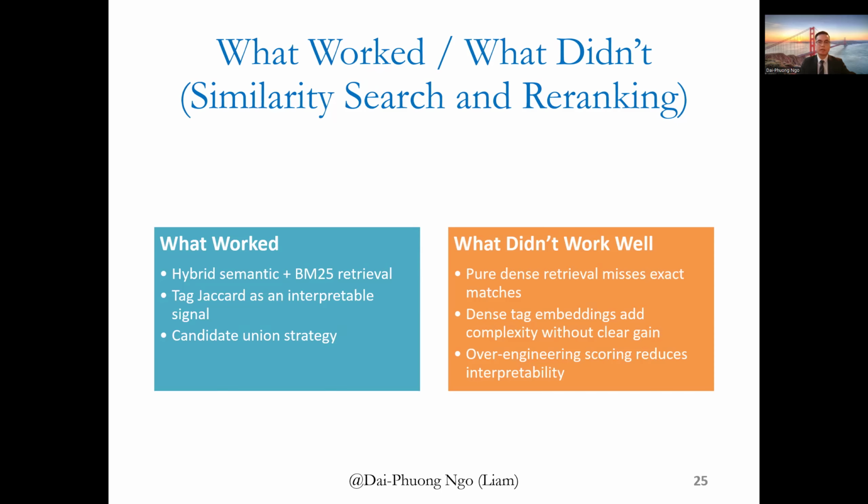What did not work as well was relying purely on dense similarity. Without BM25, some obvious matches were ranked too low. I also found that building dense tag embeddings without using them directly in scoring added complexity without immediate benefit. Simpler, interpretable signals often work just as well.